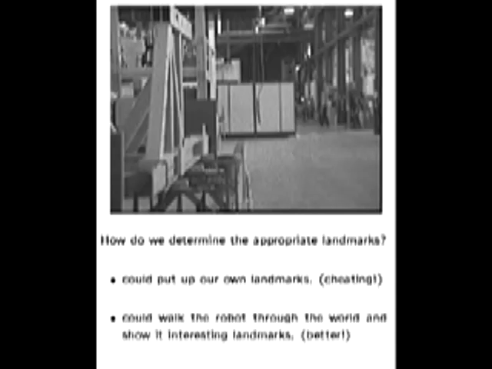So there are a number of ways of solving this problem. One is you can put up your own landmarks in the environment. For example, you could put big purple spots on the wall, one purple spot, one pink spot, and if this robot could detect color quickly, it would know where it is. But this is cheating. The next thing we could do is try to hold the robot's hand and walk it through the environment, and when we saw something that we thought was an interesting landmark, we could point the camera and say, remember the image of this.